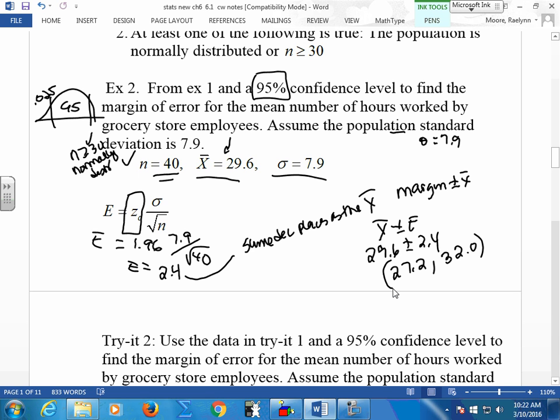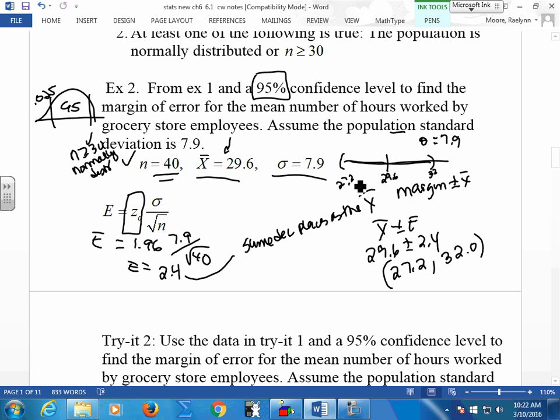We're building a margin, we're building our interval at the same time. They go back to it, but we're already here. So on your number line, this is what it looks like. Here's your 29.6. We go up here to 32. We go down here, equal distance to 27.2. This is the most important part.